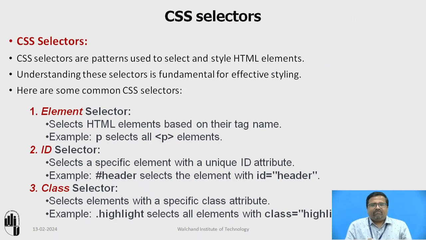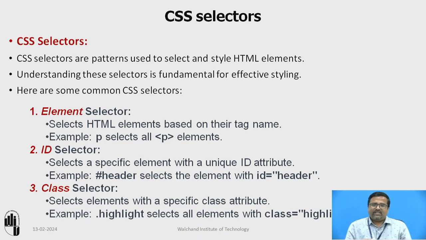Now there are different types of CSS selector. That means there are different ways through which you can select a particular HTML element in the CSS, right? So which are these selectors? There are totally 6 or 7 selectors. There are more actually, but these are the ones you will be using 90% of the time. The first CSS selector is the element selector.